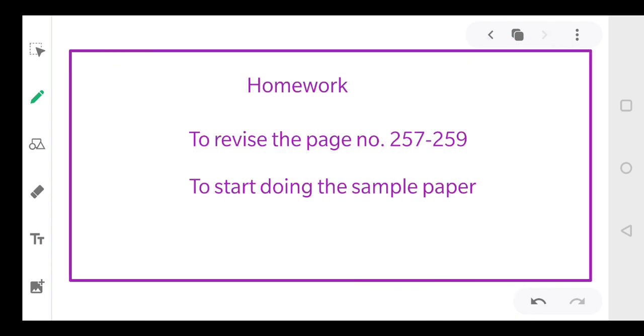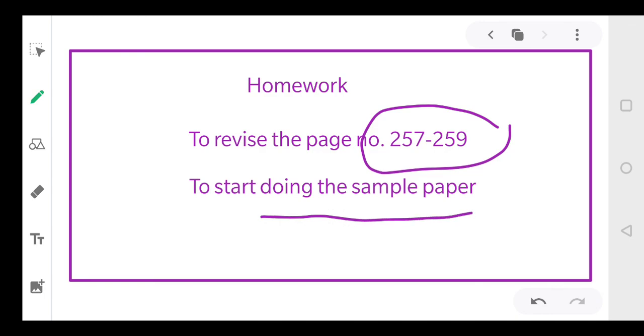Okay, so you will revise this topic, that is you will revise your page numbers 257 to 259, and you will start doing your sample papers. Right, I have posted a sample paper for today, so complete the first 15 questions today, and just go through this topic, revise it, and if you have any doubt, you can send your queries to me.